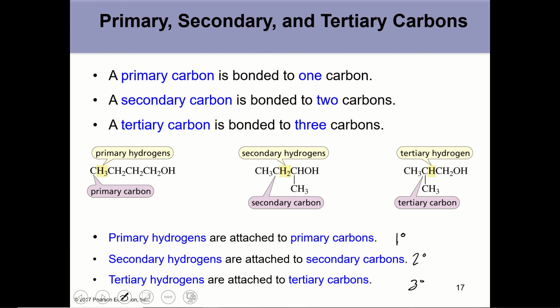So what we're going to learn is a system of nomenclature called primary, secondary, and tertiary. Okay? You may have heard these terms before in Gen Chem, learning about protein structure. The primary structure of proteins is sequence, the secondary structure of proteins is alpha helixes and beta sheets, and then the tertiary structure of proteins is the three-dimensional shape.